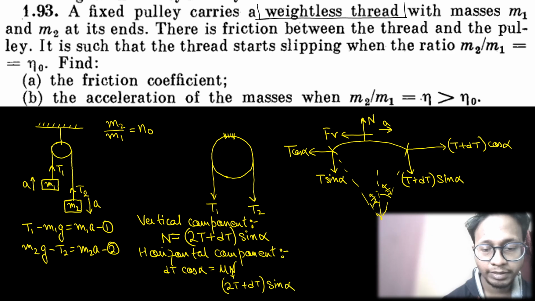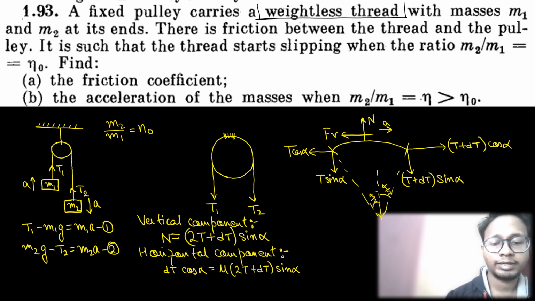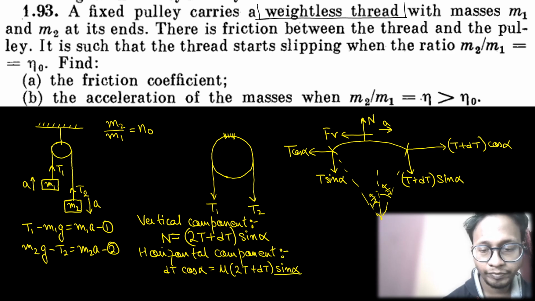Now can I send this cos alpha to the other side? Sin alpha by cos alpha is nothing but tan alpha. So dT is equal to mu (2T plus dT) tan alpha.